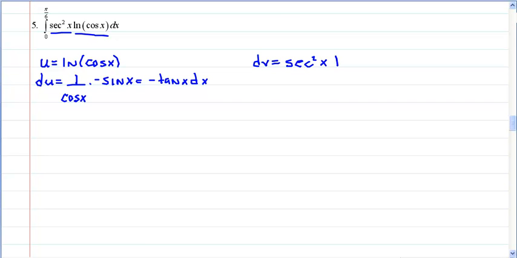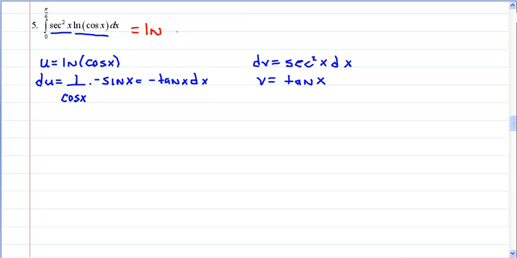And this is a very good dv function to have because secant squared is the derivative of tangent, so my v is just tangent x. So now that I have all of the parts identified for integration by parts, I substitute them in the formula.